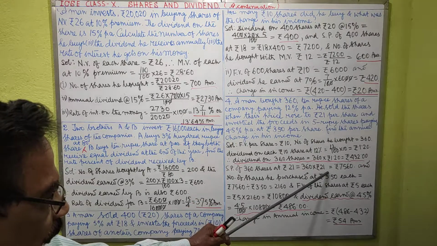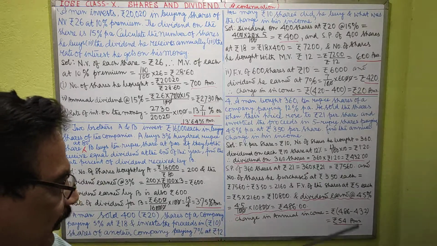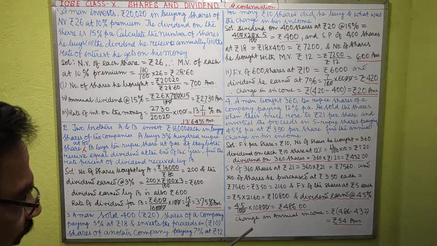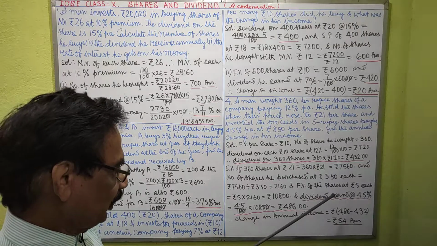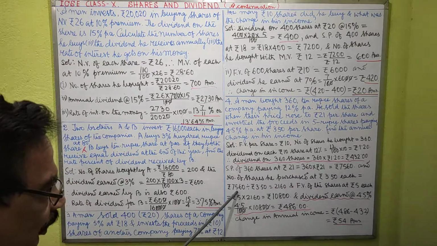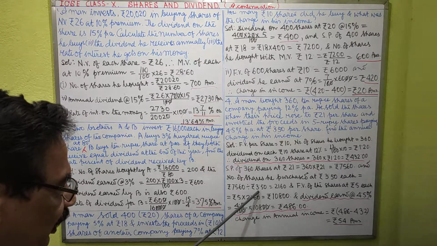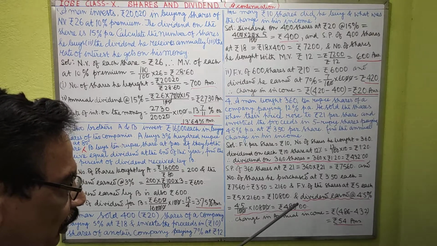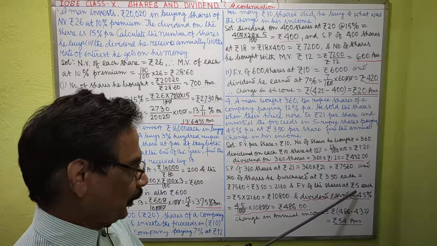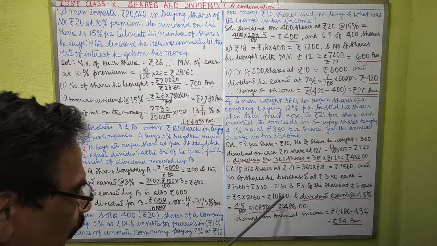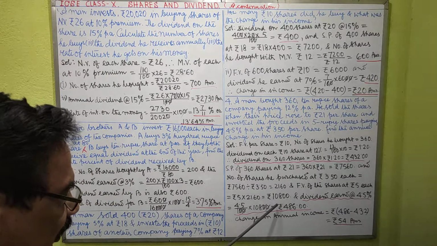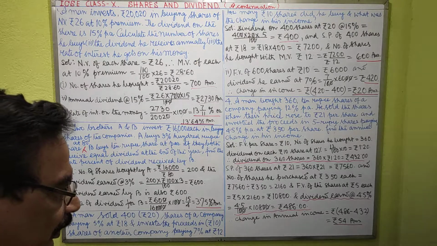So the selling price will be rupees 7,560, and the number of shares he purchased at rupees 3.50 each equals 7,560 divided by the price of each share, that is 2,160. The face value of shares at rupees 5 each will be 5 into 2,160, that is 10,800.